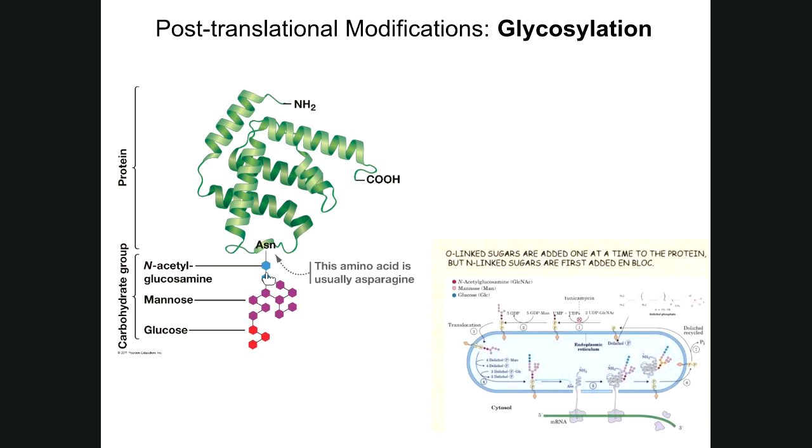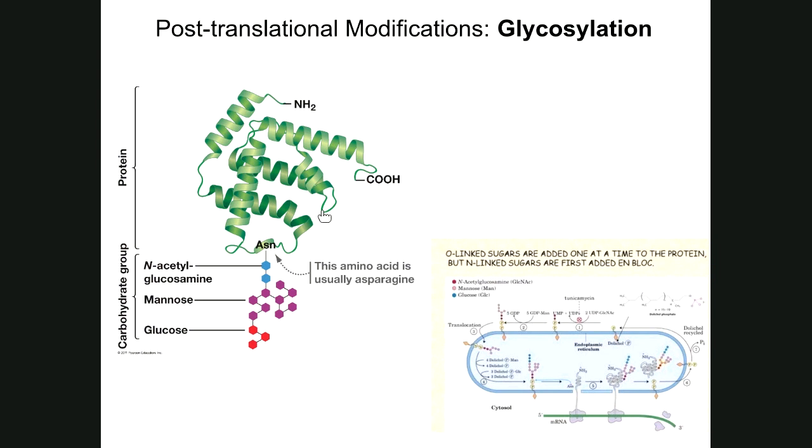But in either case, glycosylation has to do with the attachment of carbohydrates to the protein that's going to become an active protein. In this case, it's showing you here. Now, in lay terms, instead of saying carbohydrates, we simply say glycosylation is the attachment of sugars to a protein.